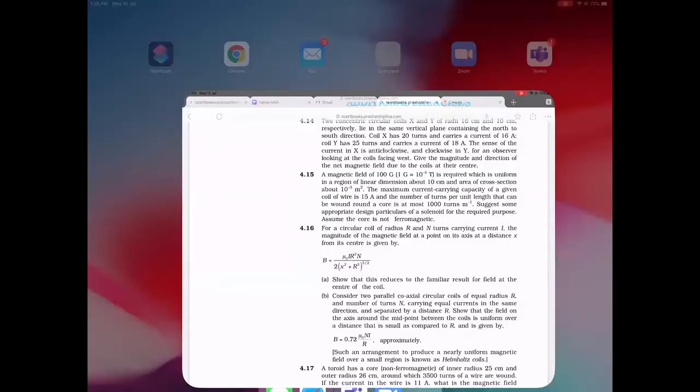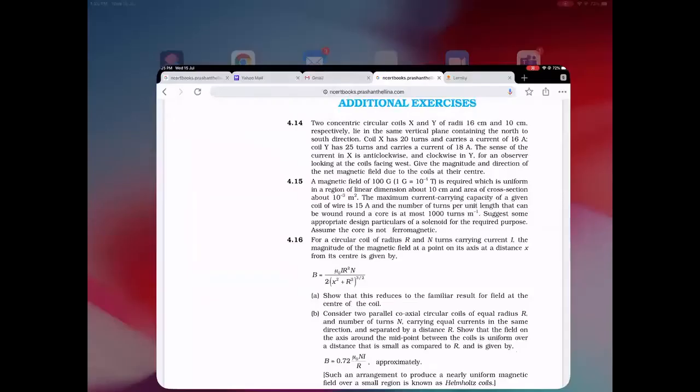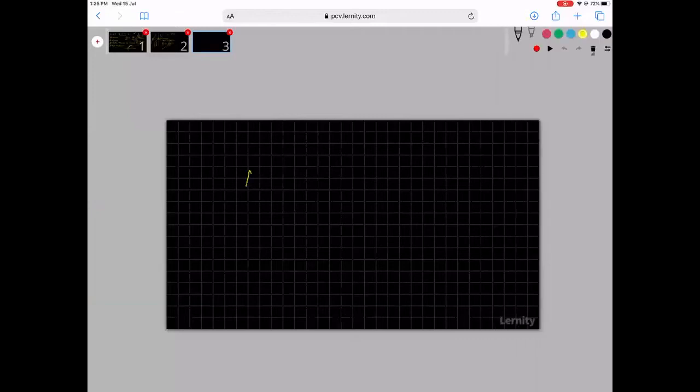So there are 2 concentric circles. First draw the concentric circles, one of radius 16 and one of radius 10. One has 20 turns, one has 25. Whenever you get questions of this kind, you have to draw the diagrams and then work. There will be one like this and one like this. Now one is clockwise, one is anti-clockwise. Based on that, you are facing west, so you are looking at it this way. This is west, this is east, this is north, and this is south.